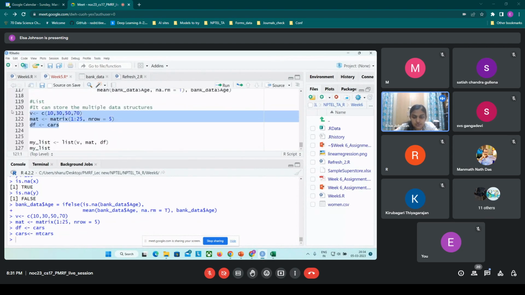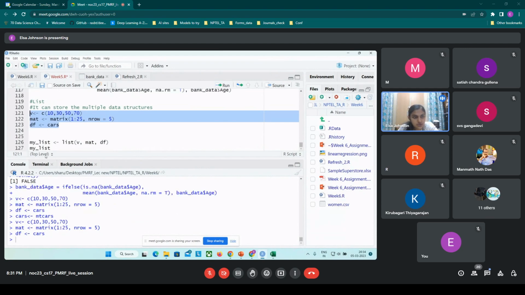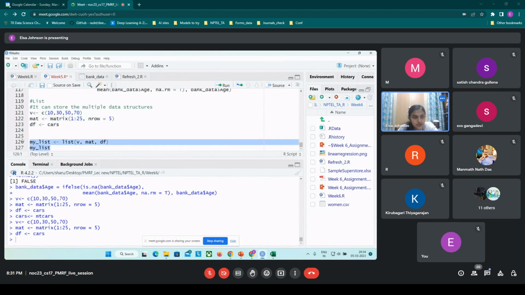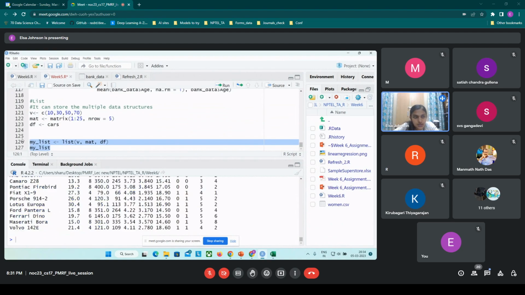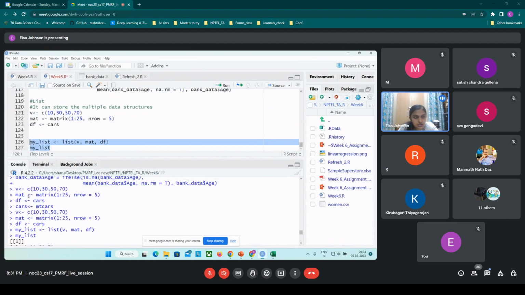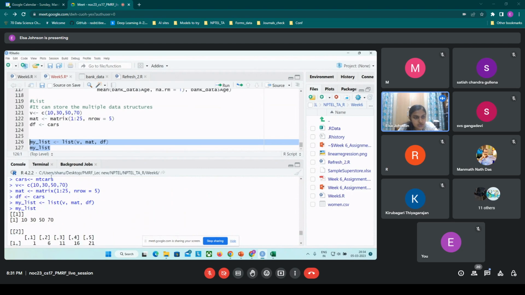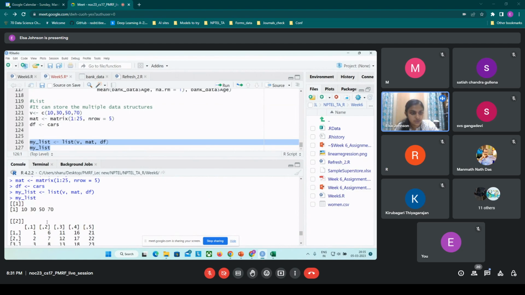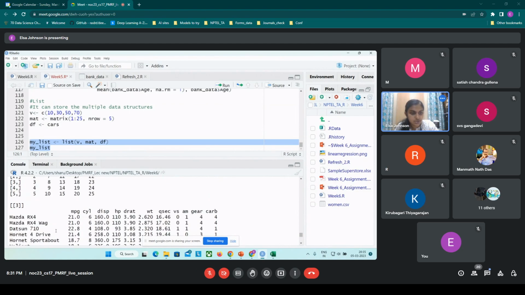Now if I list everything here and show this as a list, you can see the list contains why I have shown this: to tell that the list can store multiple data structures. The first one was a vector, the next one was a matrix, and the third one is a data frame. So all these things can be stored in a list.